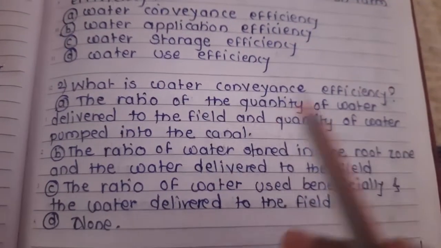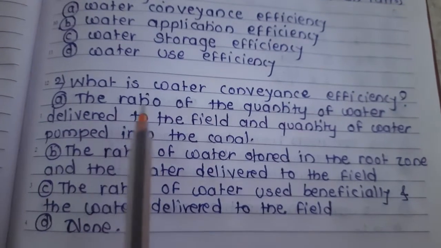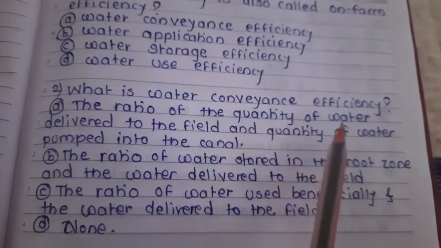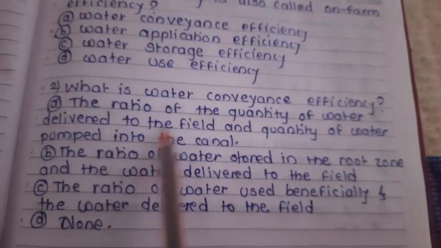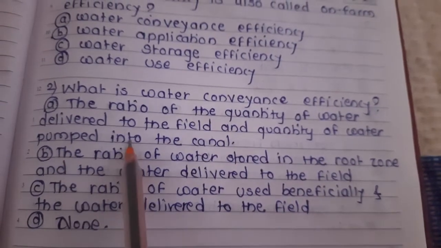Now second, what is water conveyance efficiency? The ratio of quantity of water delivered to the field and quantity of water pumped into the canal.